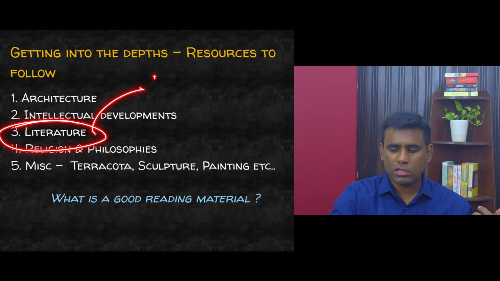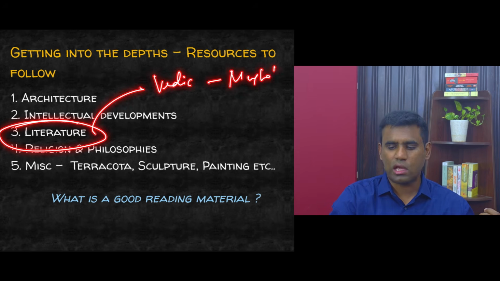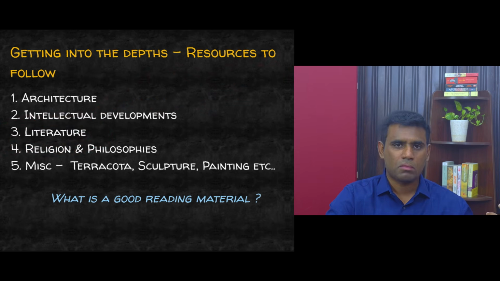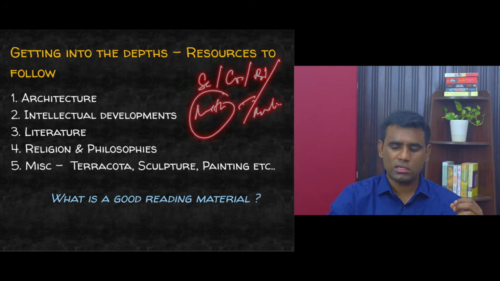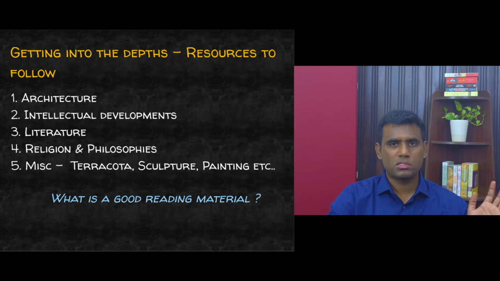So starting from Vedic literature till Mughal literature. So this is our time frame that we have to cover, right? And Indian accomplishments in science, in cosmology, in botany, in medicine, mathematics. So that's another area. That's what we call Indian heritage, intellectual developments, right?